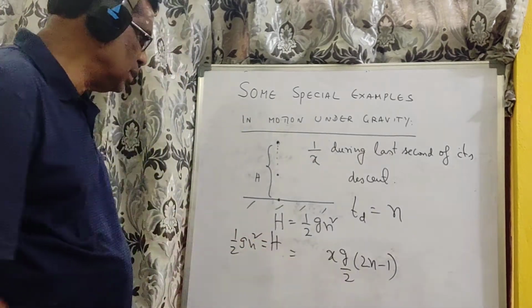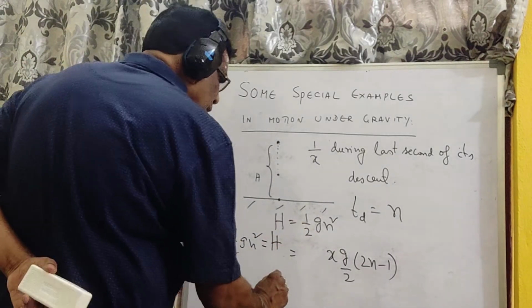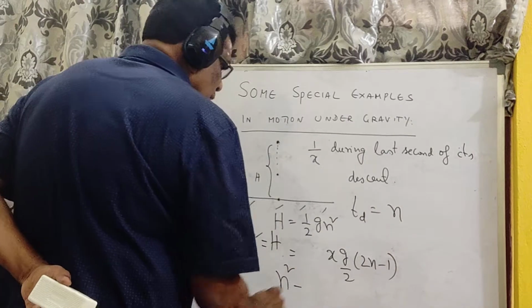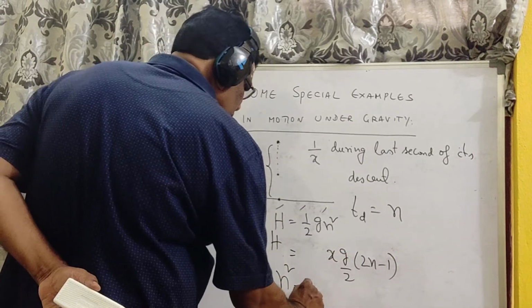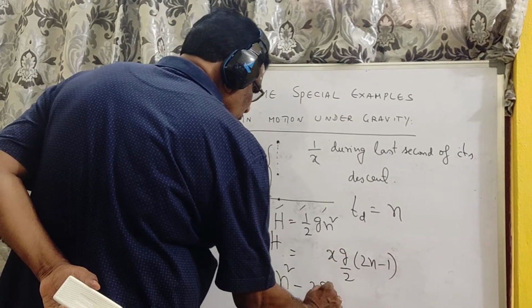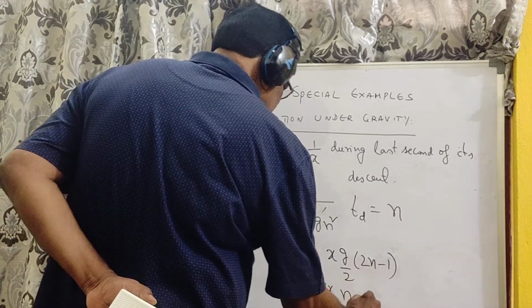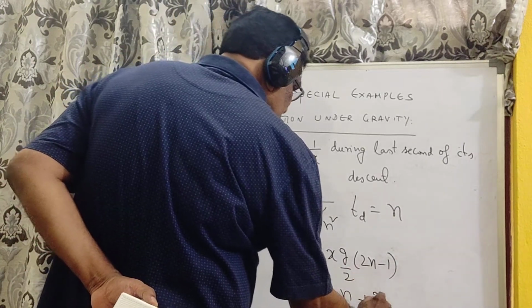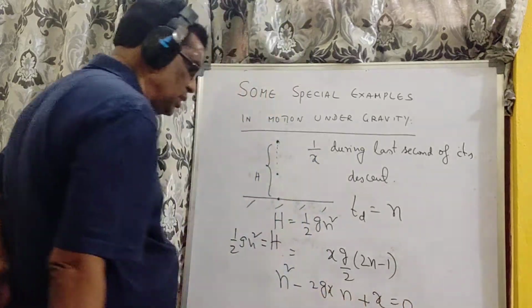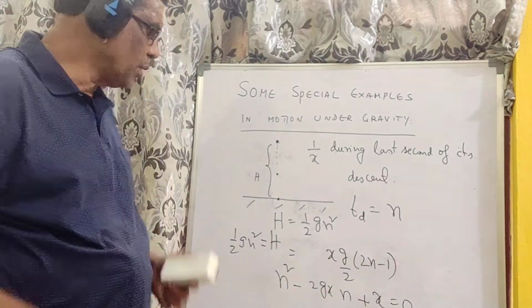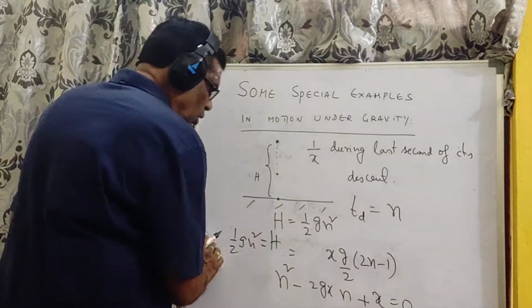Now you can cancel out g by 2 and write a quadratic equation: n square minus 2xn plus x is equal to 0. Now you get a quadratic equation in n, therefore just directly solve it.